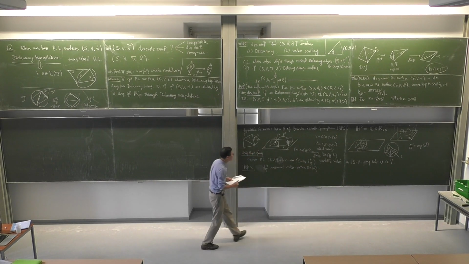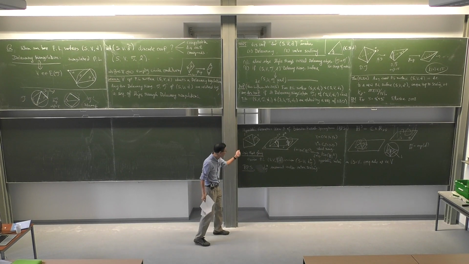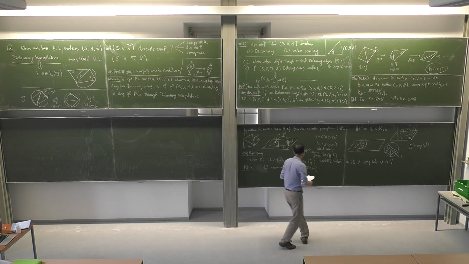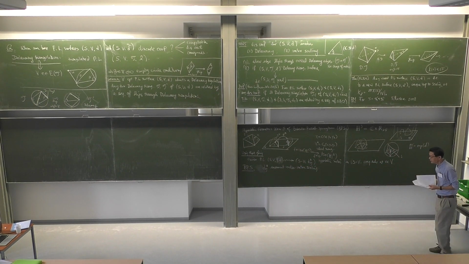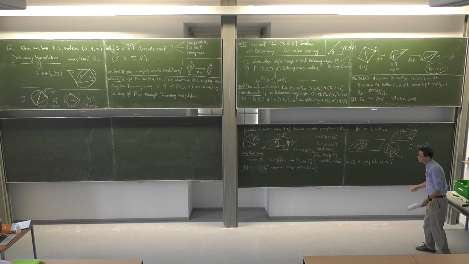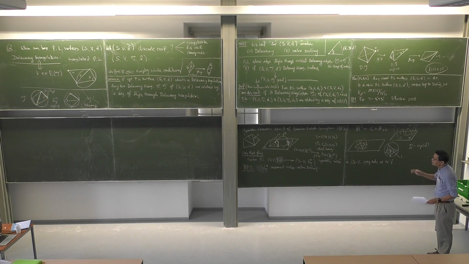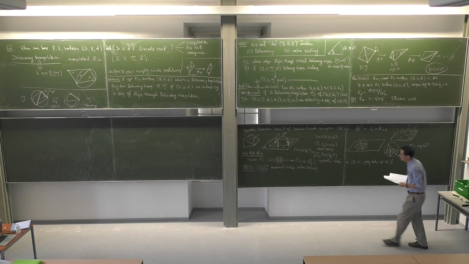So for every Euclidean polyhedral metric, you can produce a complete hyperbolic metric on the punctured surface, and that assignment is invariant under vertex scaling. So that's really a very beautiful point of view of looking at the vertex scaling.